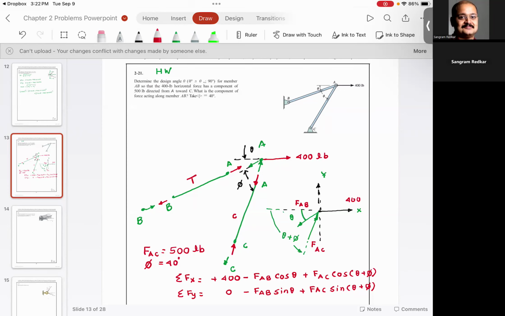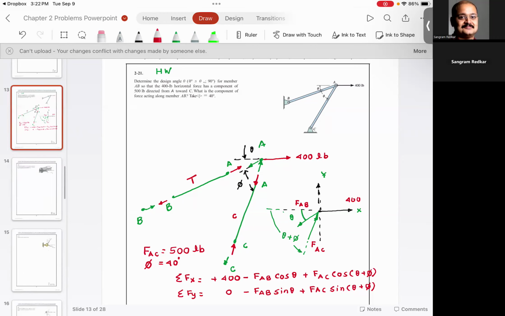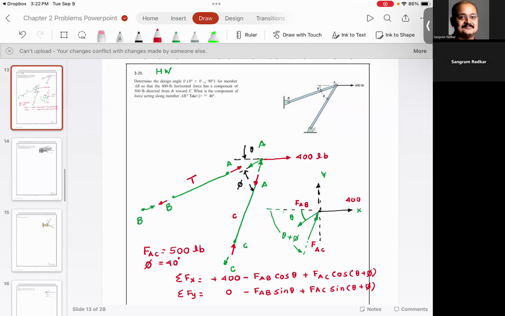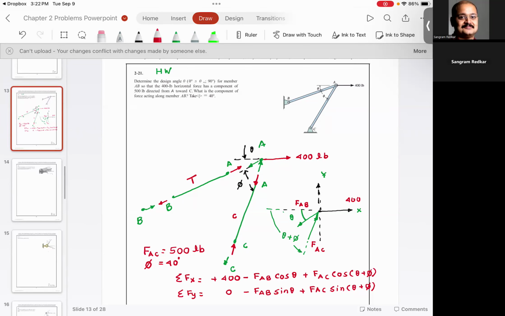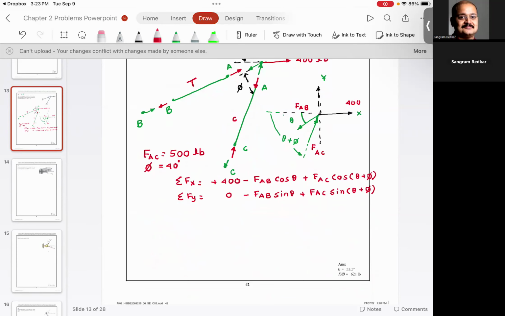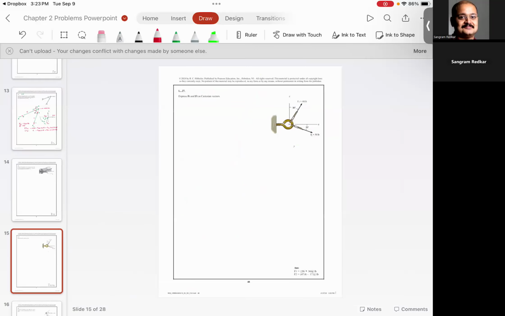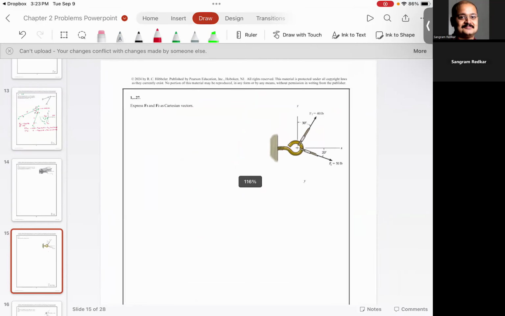So you solve this, and then you should be able to get the answer. I would encourage you to work out this problem and then make sure that the answer you get is the same as the answer given in the solution. So now this is the next problem.